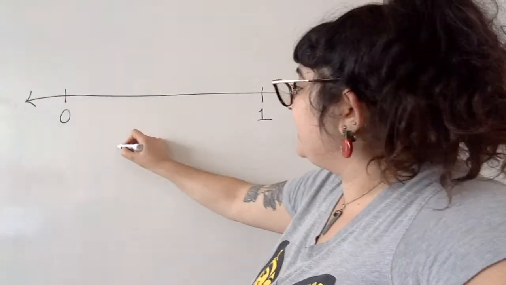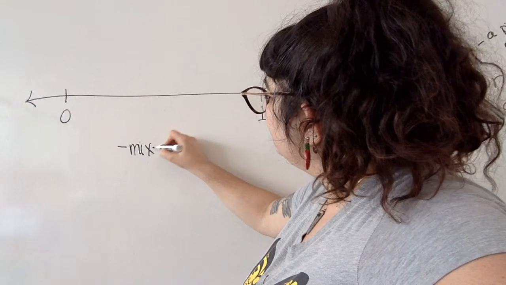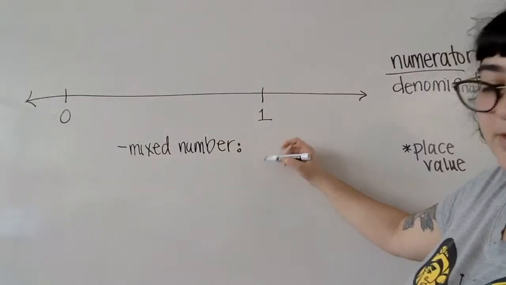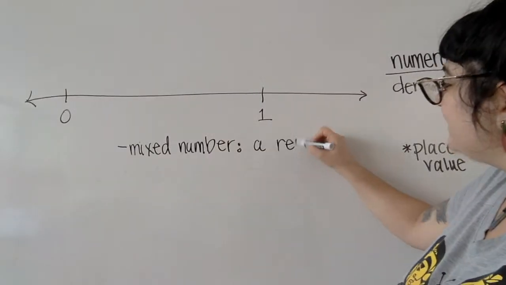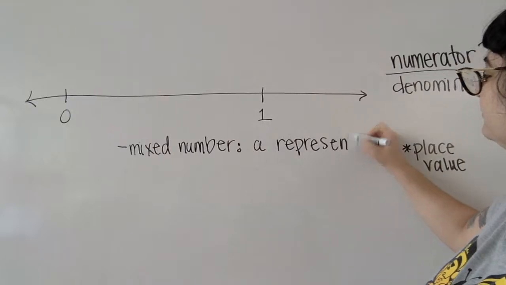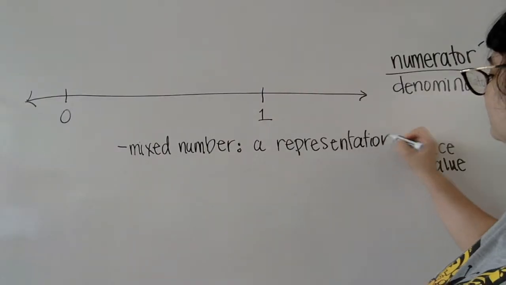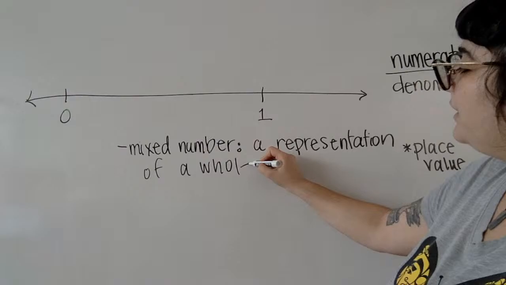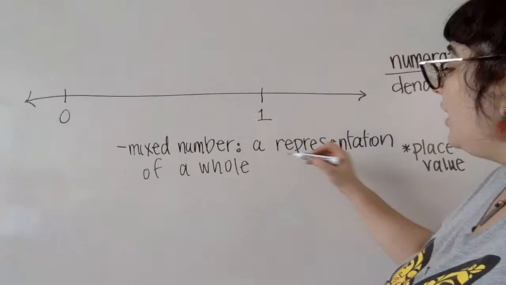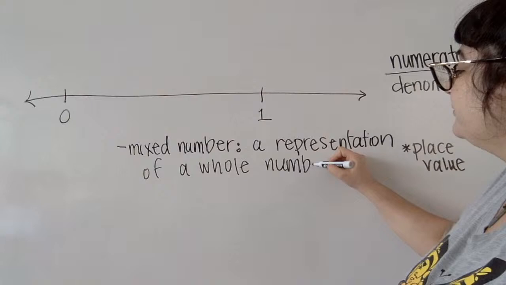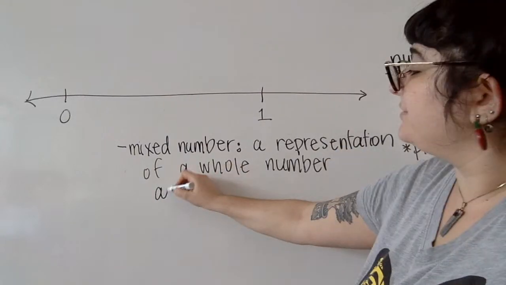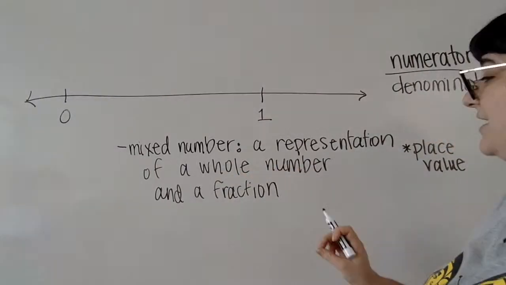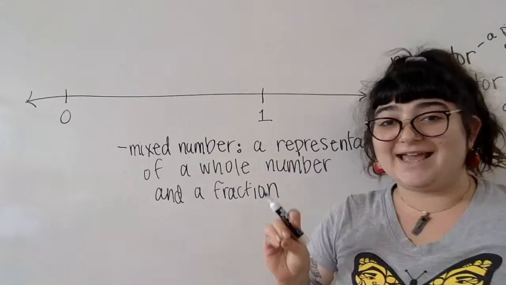So to define what a mixed number is, well, a mixed number really is a representation of a whole number. Y'all know what whole numbers are, right? A whole number and a fraction. Let's say this again together. A mixed number is a representation of a whole number and a fraction.